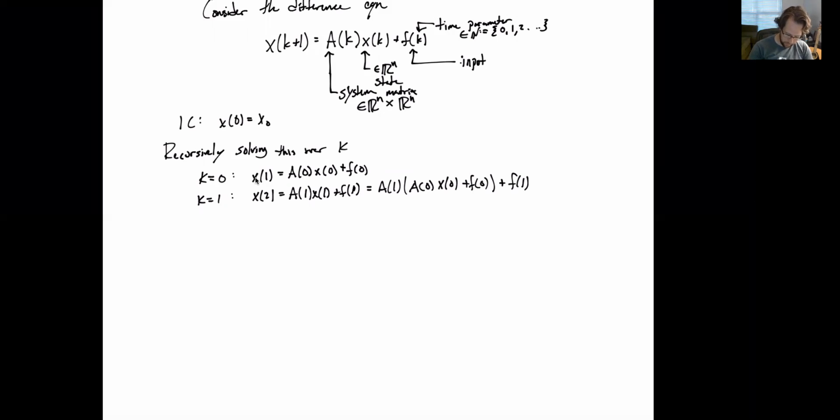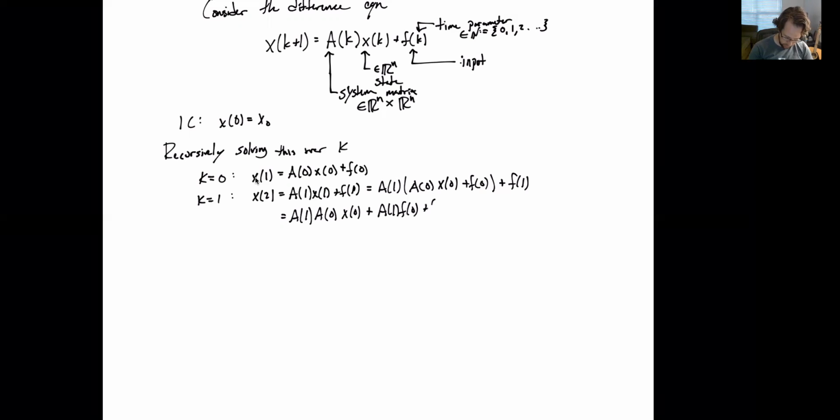So now this will be equal to A1 times A naught times the initial condition, plus A1 times f naught plus f1. All right, so that's what it is when k is equal to 1.